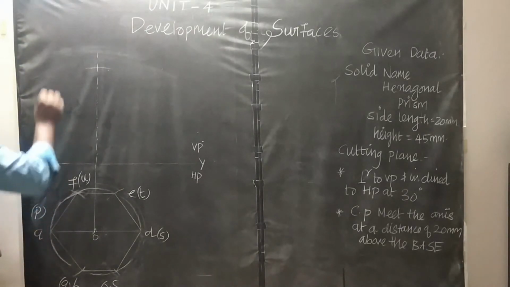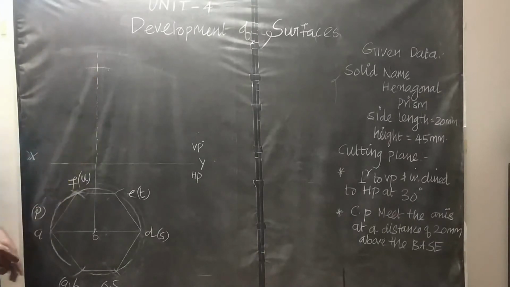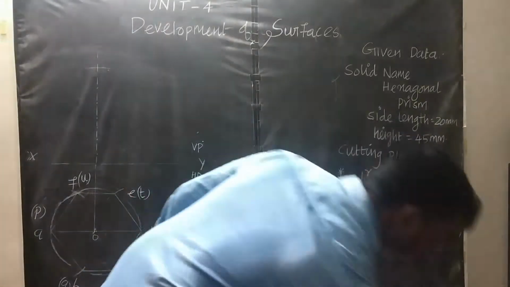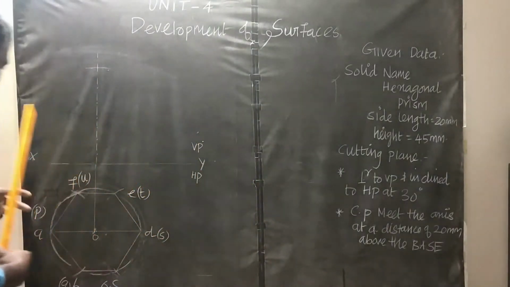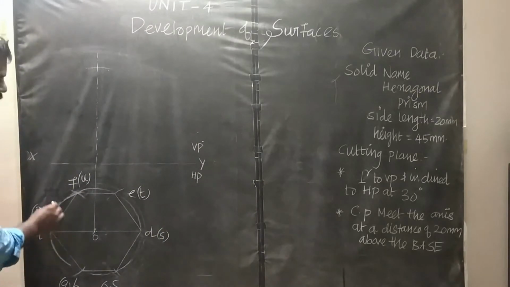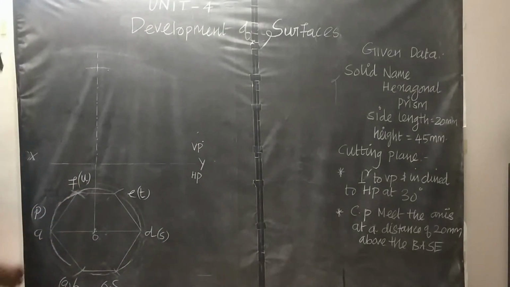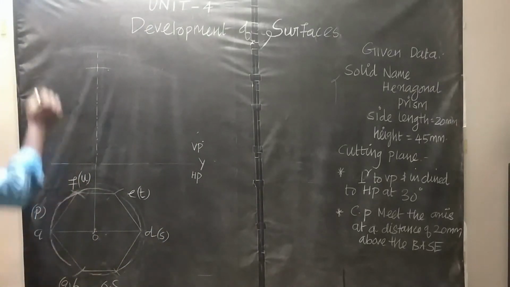So here we are going to construct one box. For that we have to project all the points in the top view to the front view.